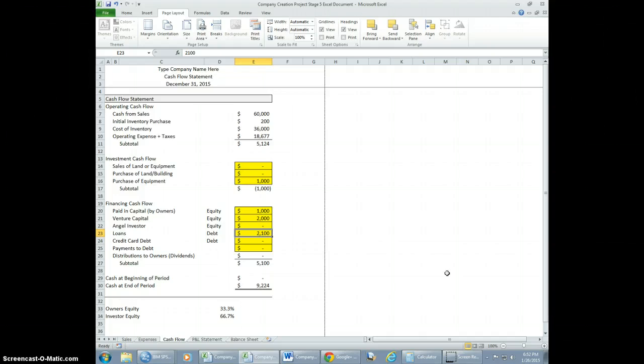So I finished off with the cash flow statement, talking about the different types of financing, equity versus debt, and there are certainly pluses and minuses to going either way.